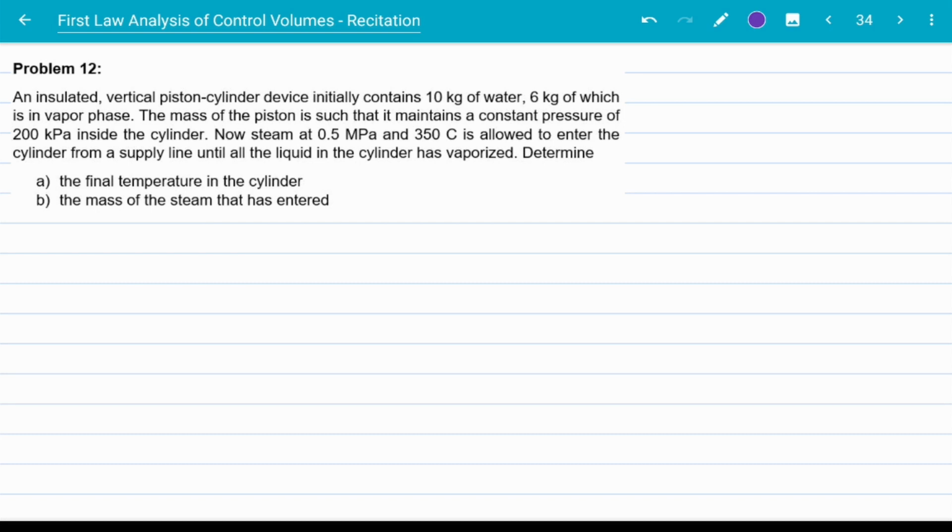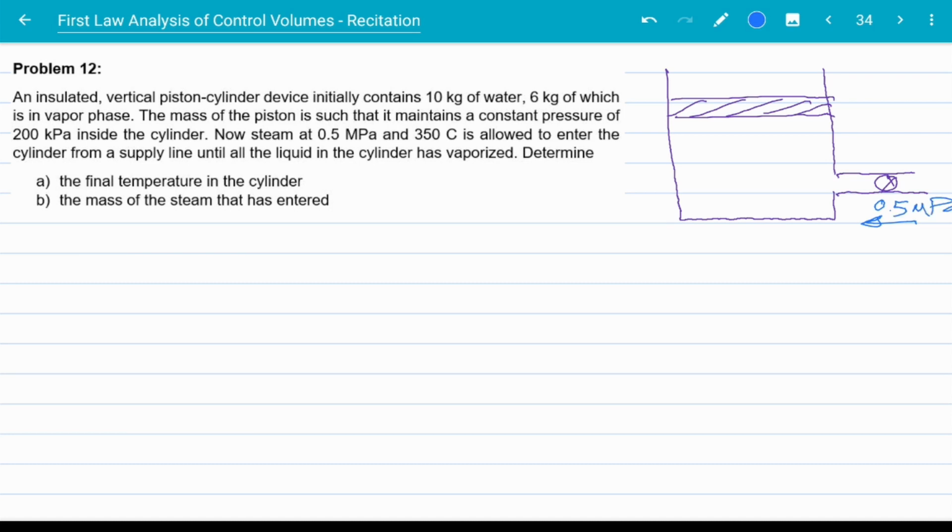Okay, so just to have a visual reference, this is our problem. This is our piston and cylinder, and this is our supply line. This is the valve. So we know that the supply line has a pressure of 0.5 megapascals and a temperature of 350 degrees Celsius. And we also know that the entire process will be constant pressure.